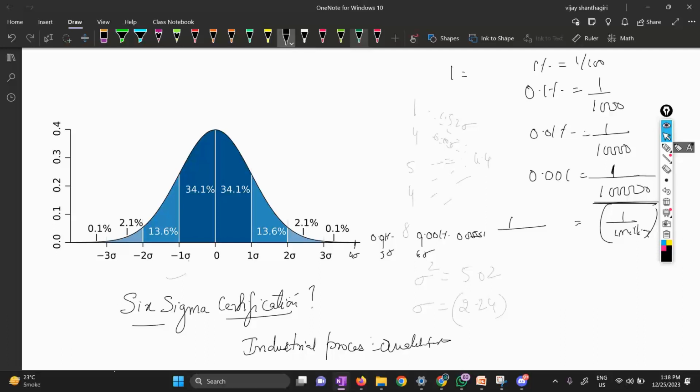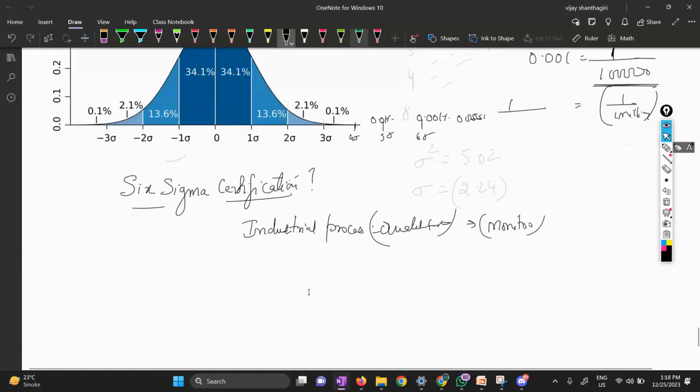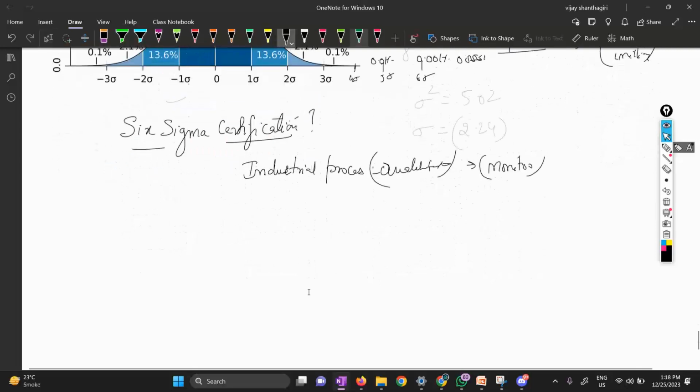Quality testing. Suppose you are manufacturing a PC monitor.